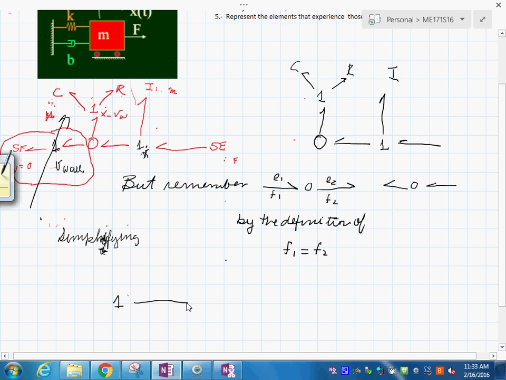Okay, so what I would like to do is go over the block diagram of this. So in conclusion, here we have technically produced the entire bond graph model for this. Let me just make it a little pretty here.